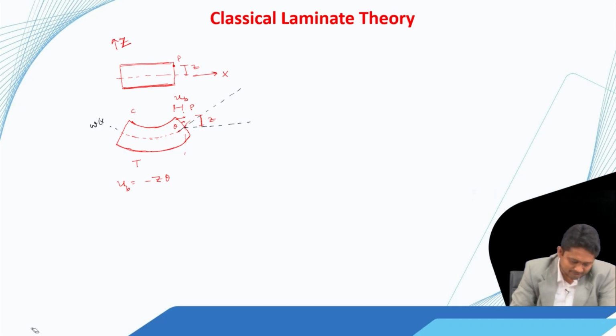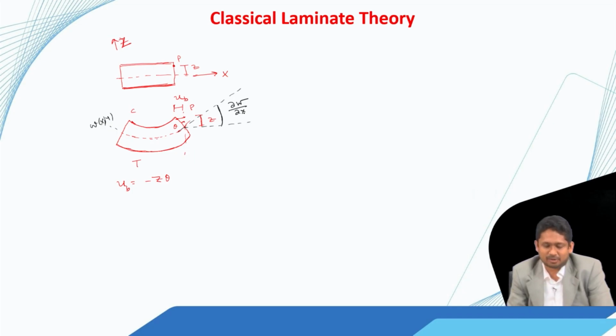Or for a 2-dimensional laminate problem, this is a function of x and y, but here we are studying it for one particular y. So, for this particular case it is a function of x. Then the slope of the tangent with respect to x we can call del w by del x.